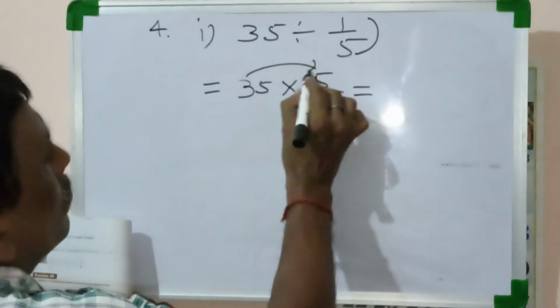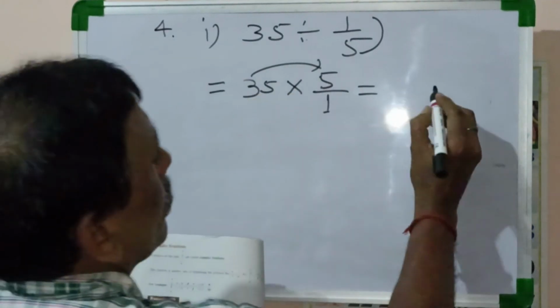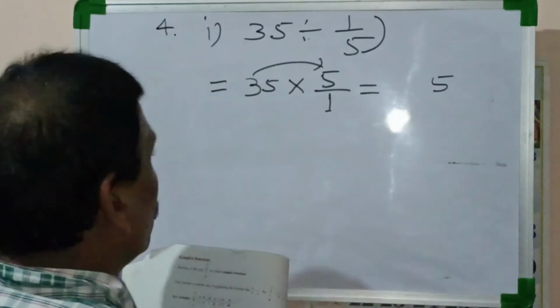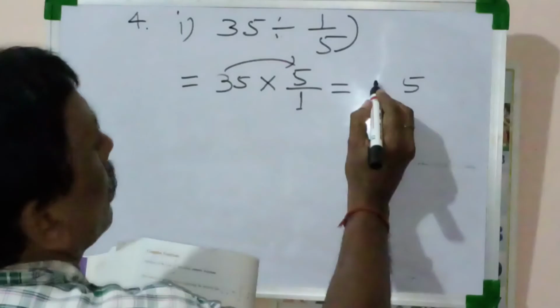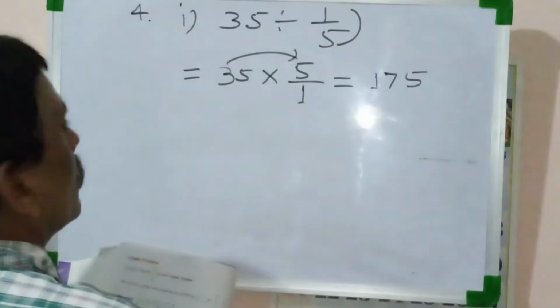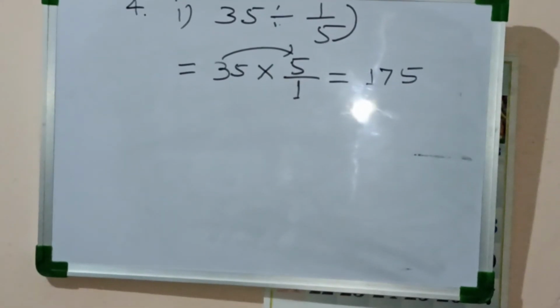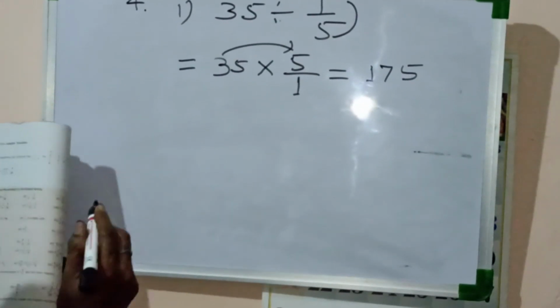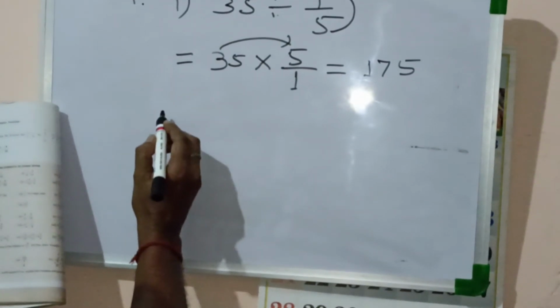So 35 into 5, you can multiply: 5 fives are 25, 5 threes are 15, and 2, 17. So 175. Similarly, the second part also you can do.